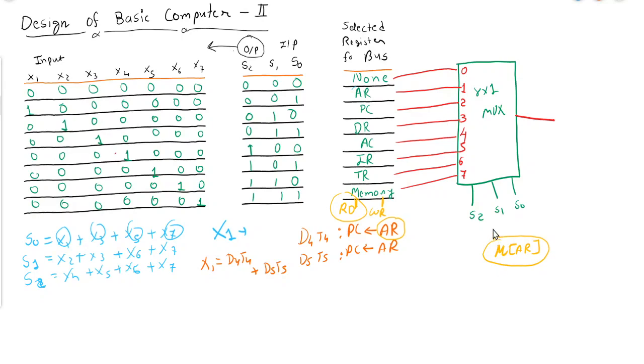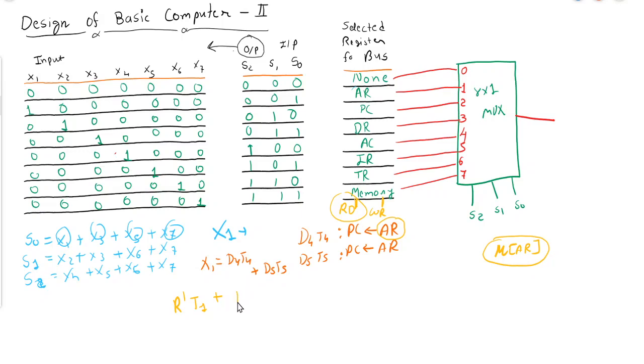If we figure those out, the first one is R dash T1. This is the T1 timing signal of the instruction cycle, where we load the address into the program counter.